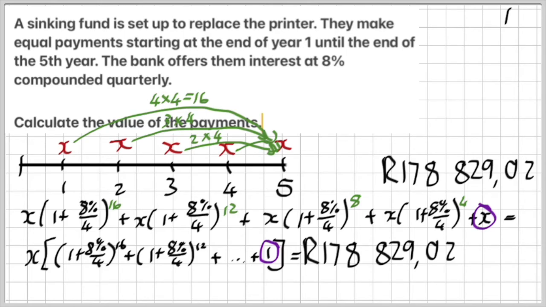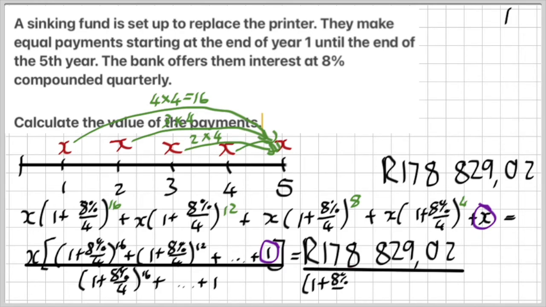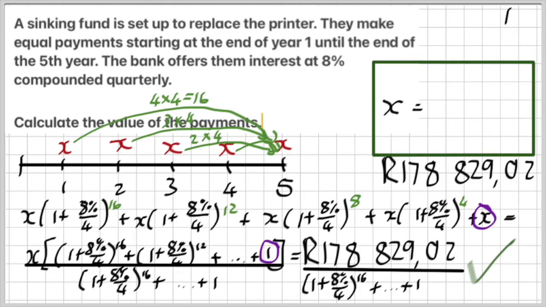So I'm going to divide both sides by that bracket. Everything inside, again, I'm a little bit lazy in writing out all of those brackets. This right-hand side I'm going to put into my calculator. And I'm going to find a value of 30,949 Rand and 70 cents.